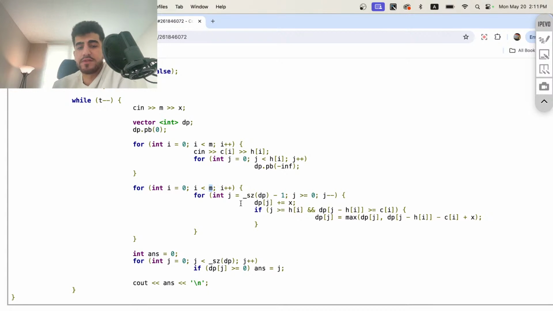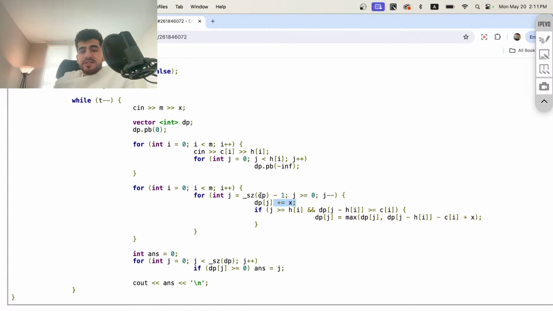It is at most 50. Then I have a for of j from size of DP minus 1 going through 0. And then first I say that DP of j plus equal to x, and also if j was greater than or equal to hi, and DP of j minus hi was greater than or equal to ci. What does it mean?